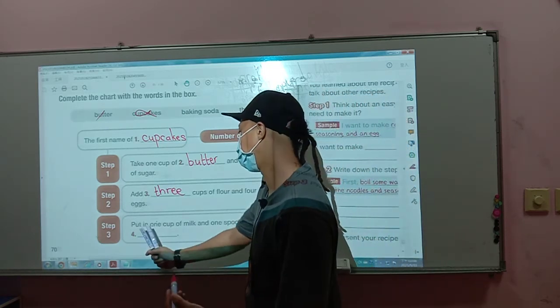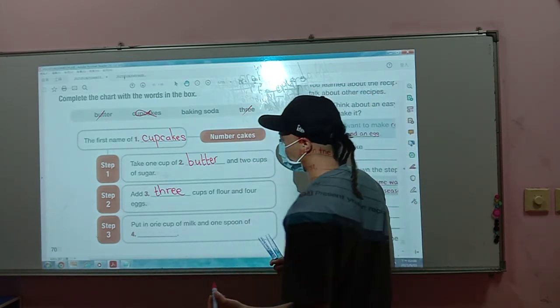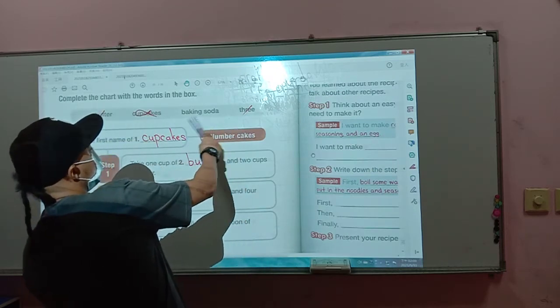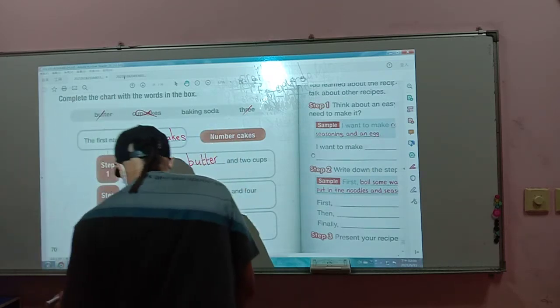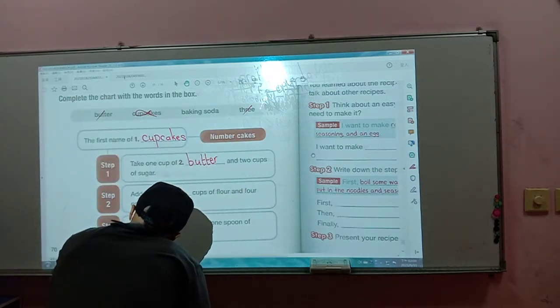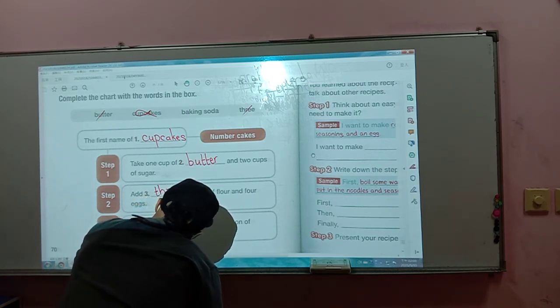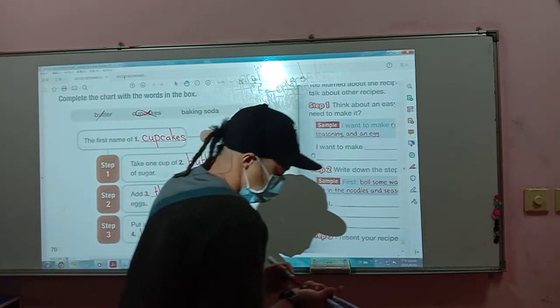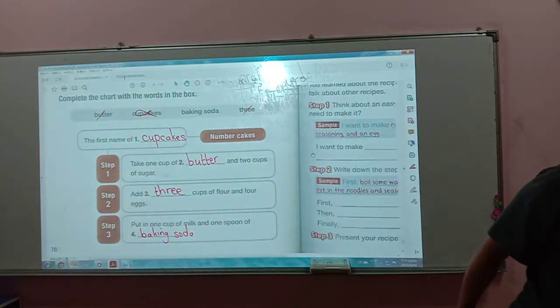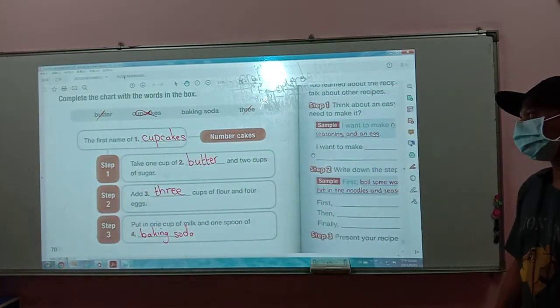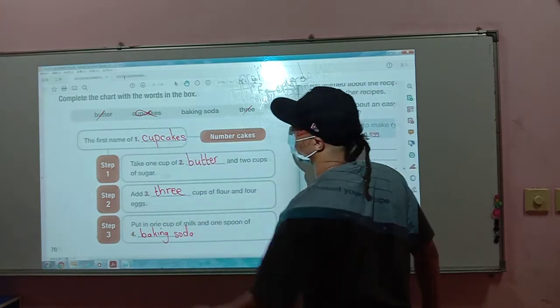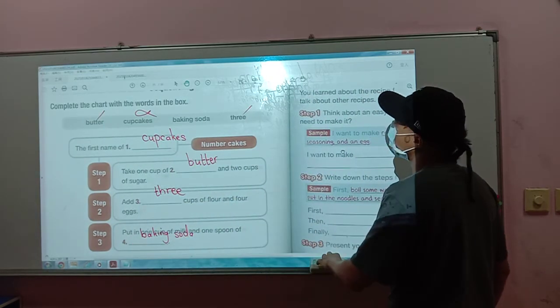And the last thing, put in 1 cup of milk and 1 spoon of, what word did we not use? Baking soda. Okay. Alright, boys and girls, I'm pretty sure you guys are also finished with this. So, good job.